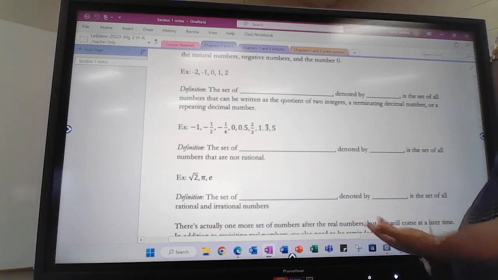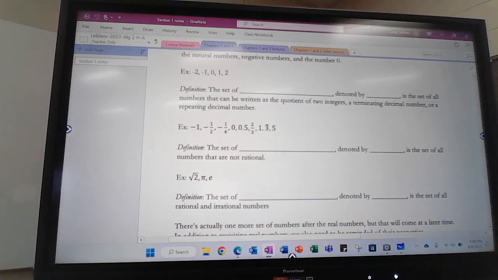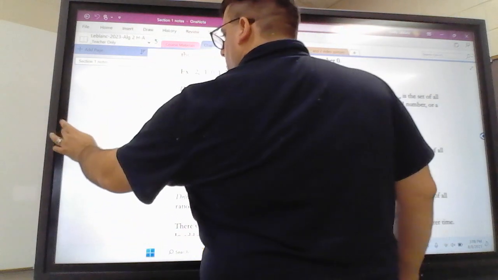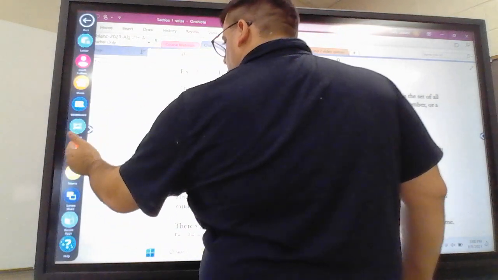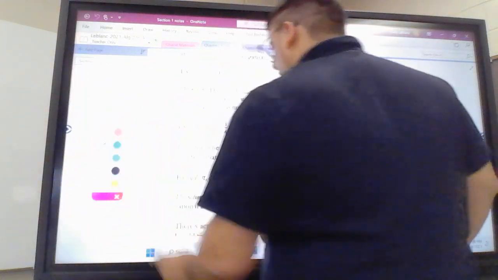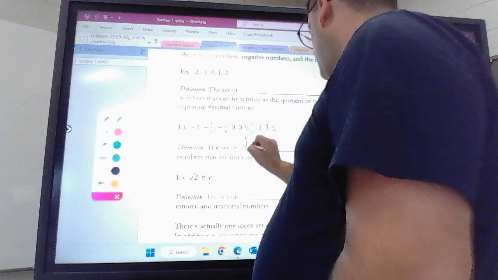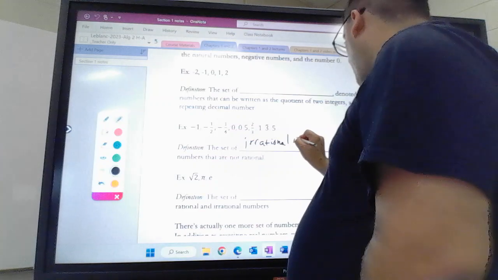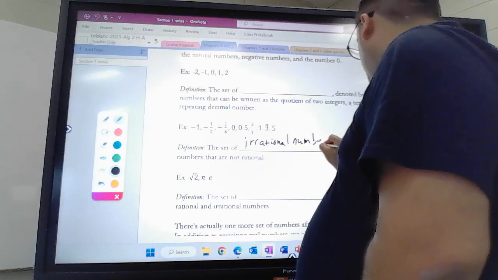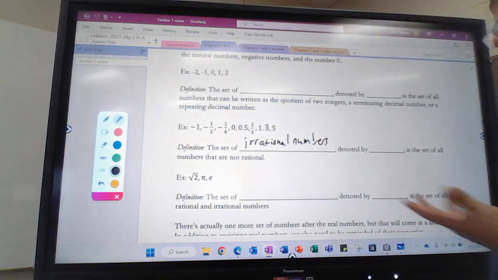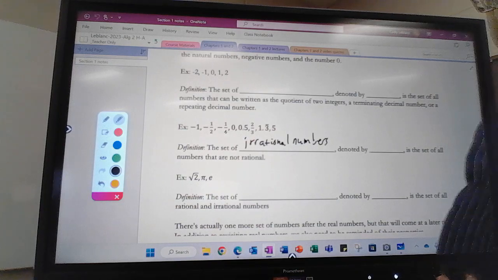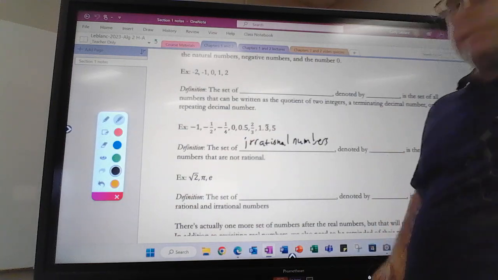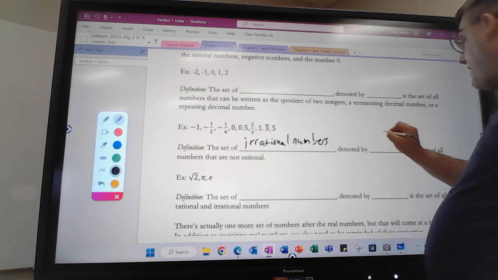There are numbers that can't be written as a quotient of two integers, as a terminating decimal, or a repeating decimal number. And basically, it's pretty much numbers that are not rational. Those are called irrational. So the set of all irrational numbers is the set of all numbers that are not rational. Now, I don't think there's any set notation for irrational numbers, at least not that I'm aware of, so I just made my own.